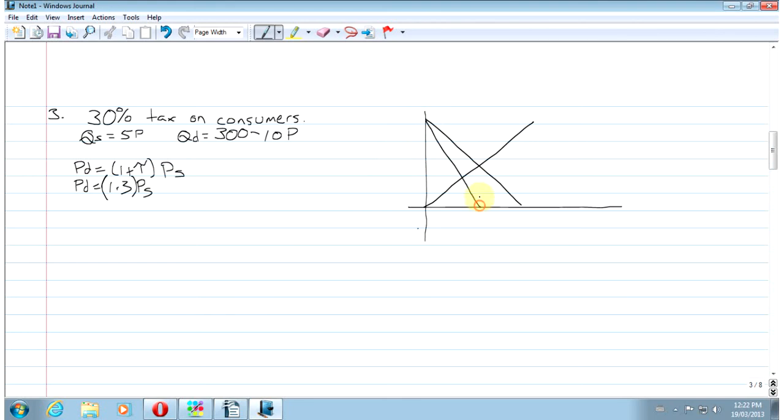So instead, if 1.3 times the price of the supplier is the price of the demander, then based on how little the price of the supplier is, the quantity demanded and the price of the demander has to be smaller. So let me try to explain that better.